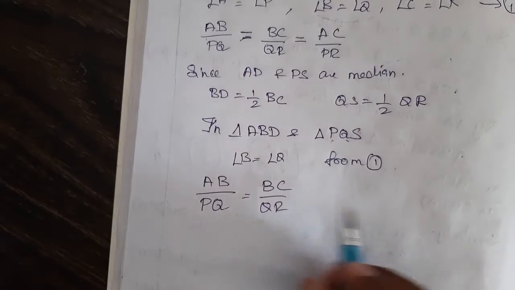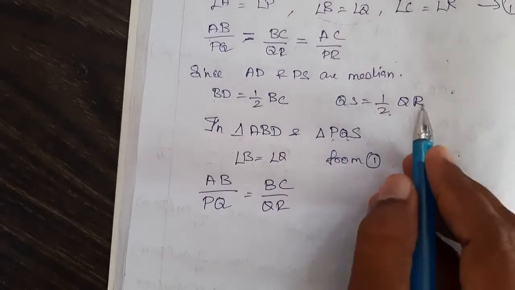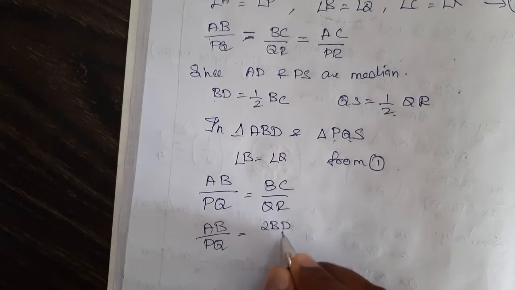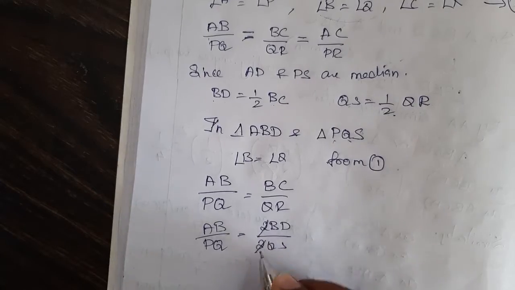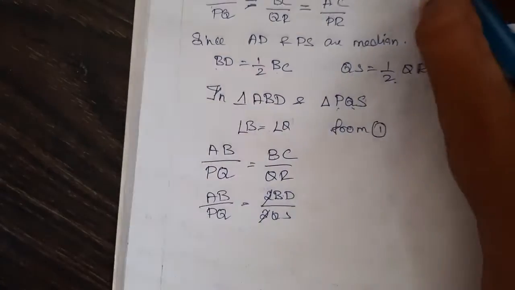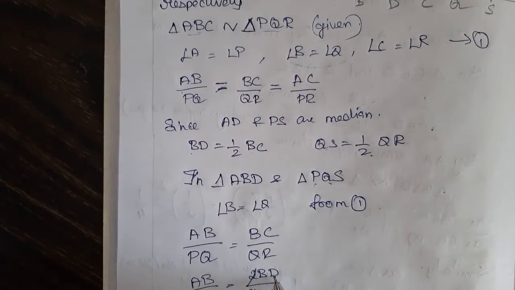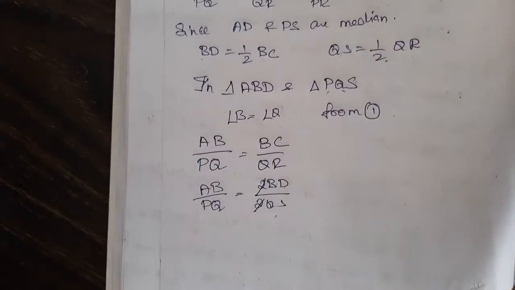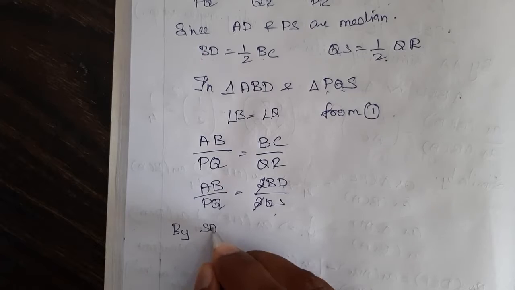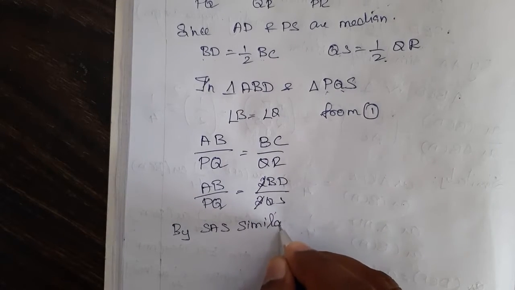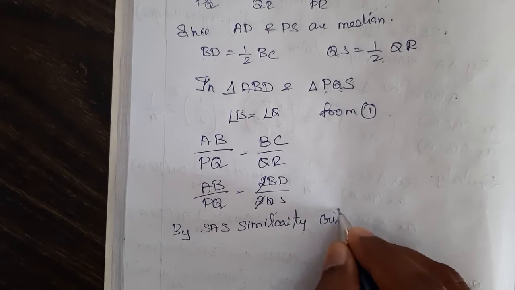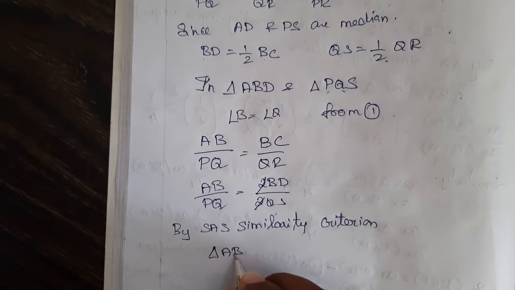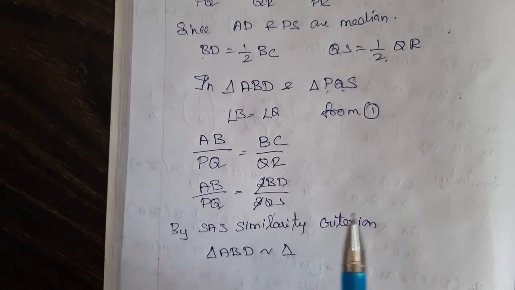Next I am going to rewrite BC as 2BD and QR as 2QS. AB by PQ is equal to 2BD by 2QS. So this cancels: AB by PQ is equal to BD by QS, and the angle included between these sides is also equal. So by SAS similarity criterion, we can say that triangle ABD is similar to triangle PQS.